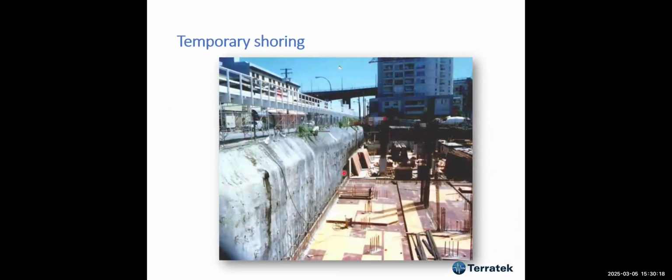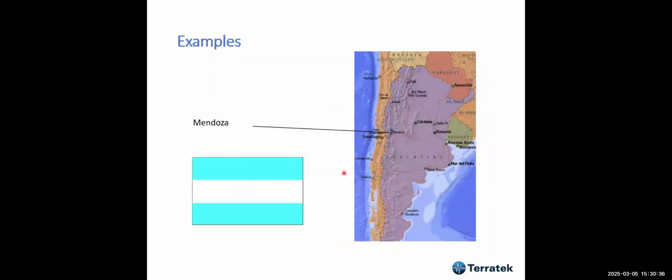Also, these are temporary shoring, that soil nailing vertical wall. But Vancouver soil is very, very hard. It's something like SPTs should be something like 100. So they have a very good soil to do soil nailing. No problem at all in terms of strength.